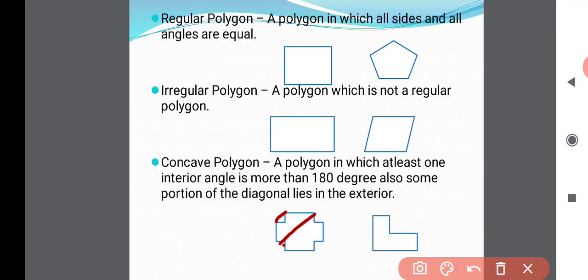A few diagonals are in the exterior, so it is a concave. Similarly here, if you join these two non-adjacent vertices, you will find that this diagonal also lies in the exterior of the figure. So again, it is a concave polygon.